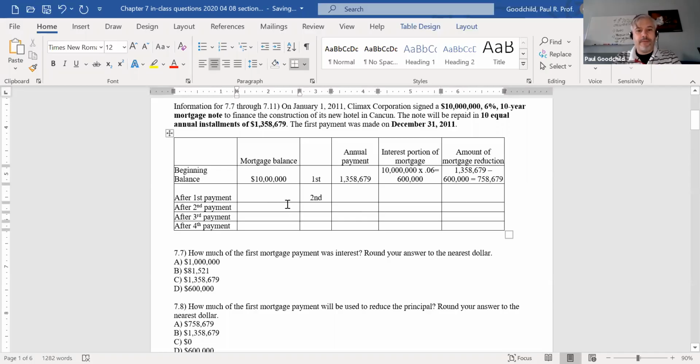So then we subtract that from the 10 million, and we get our new balance. And that equals 9,241,321.